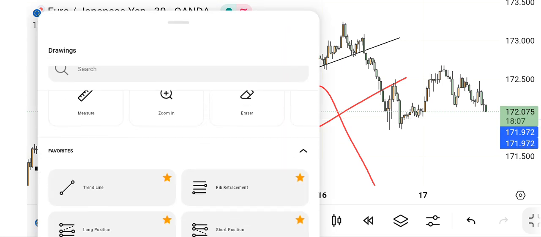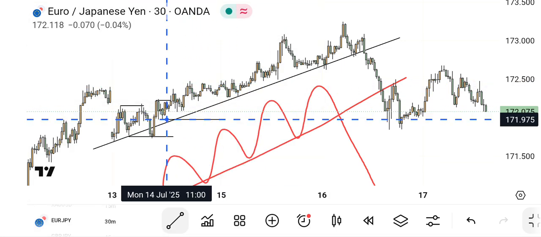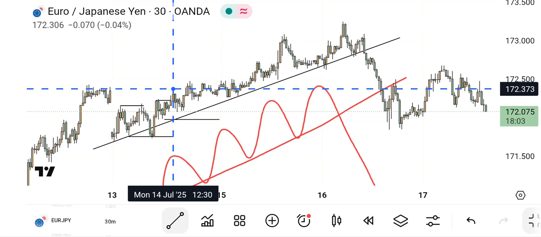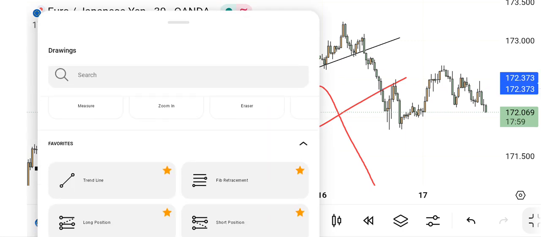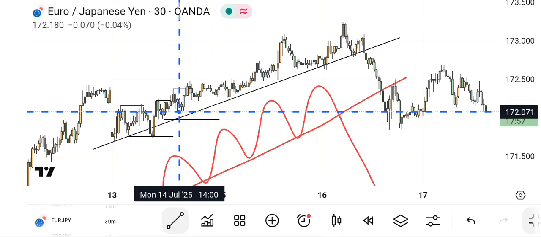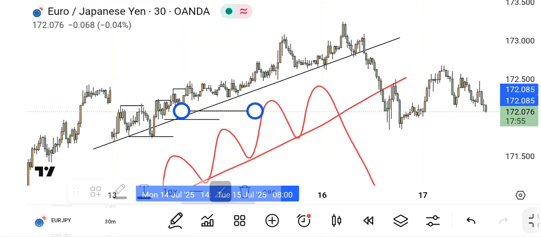We also have this high again. This low gave us this high, and this high gave us this low. So like that, like that.